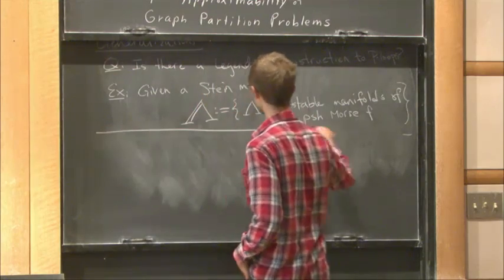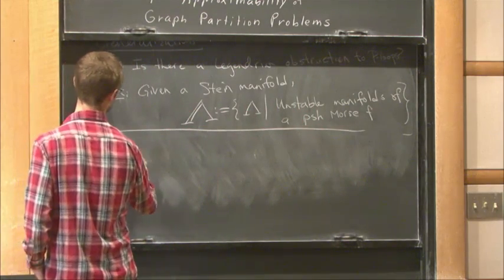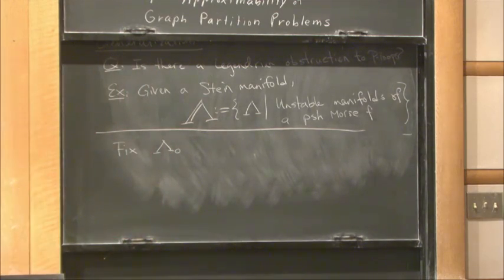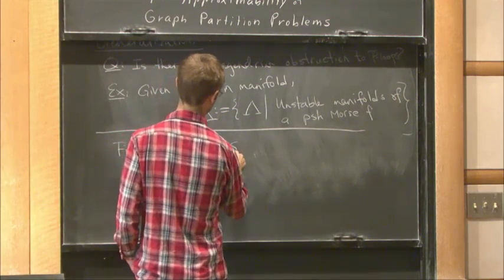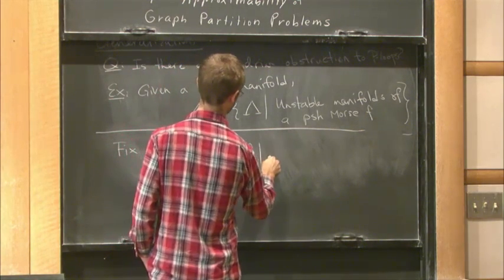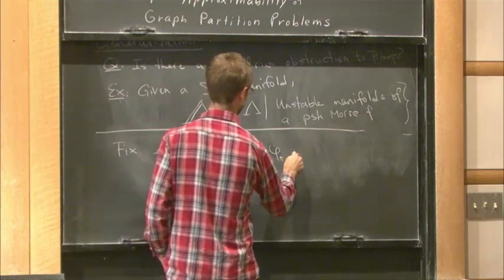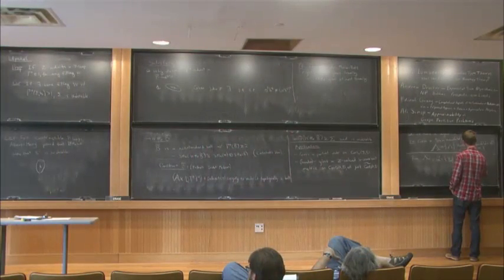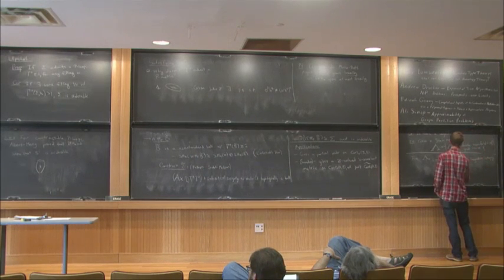And there are a couple ways of going about it, but the easiest way is what you would do is you would fix one Legendrian lambda naught, and you would look at the set of phi t such that phi t is a Legendrian isotopy starting at lambda naught.